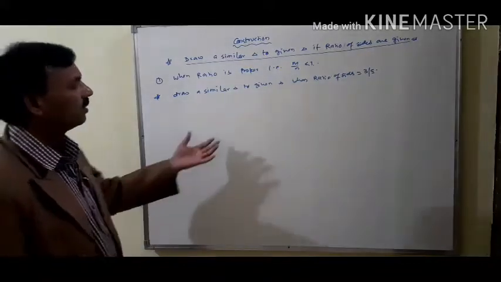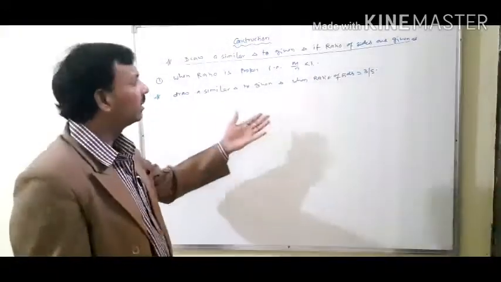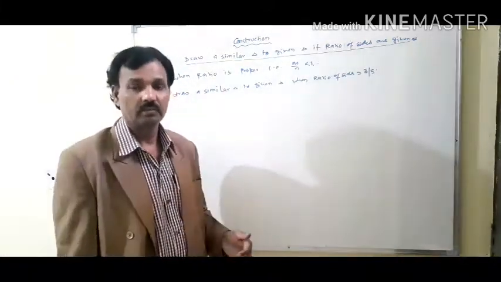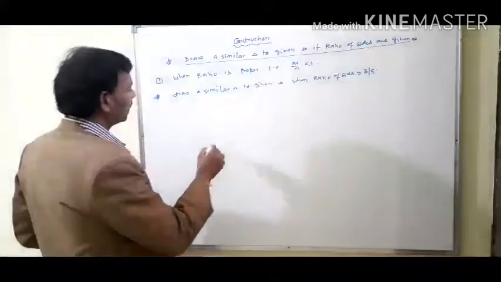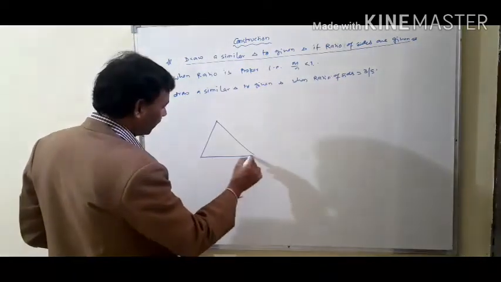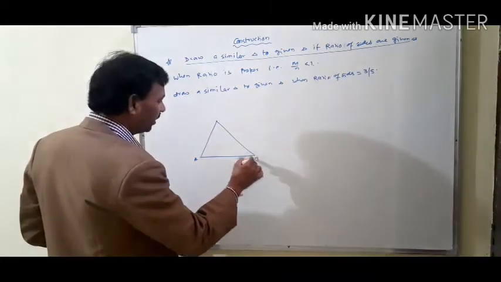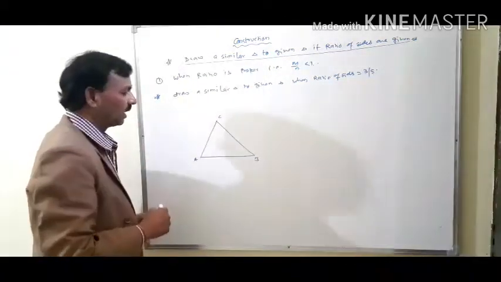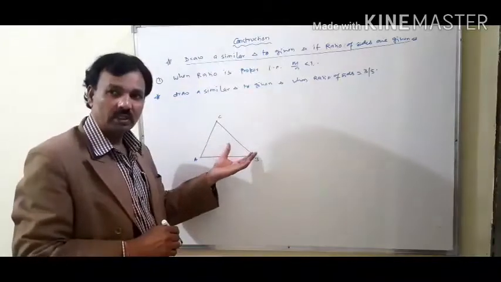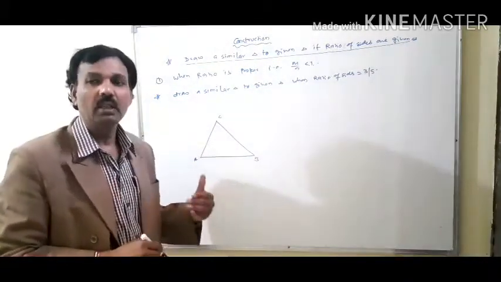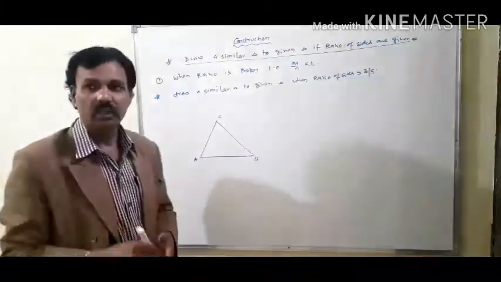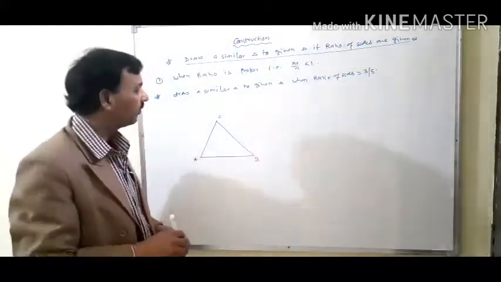Now, in this case, first we draw the triangle which is given. Suppose this is triangle ABC, which is the given triangle. Some information about this triangle may be given, and first you draw this triangle with the help of the given information.